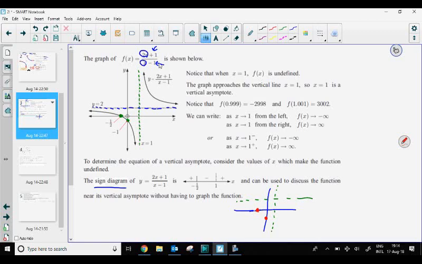Since I know that I'm dealing with a hyperbola, either it's going to be in the top right part and the bottom left part, which would make sense here, or it's going to be in the top left and the bottom right. But if it was in that case, then it wouldn't have gone through the 2 points that I know it needs to go through. So really, my sketch is done already.